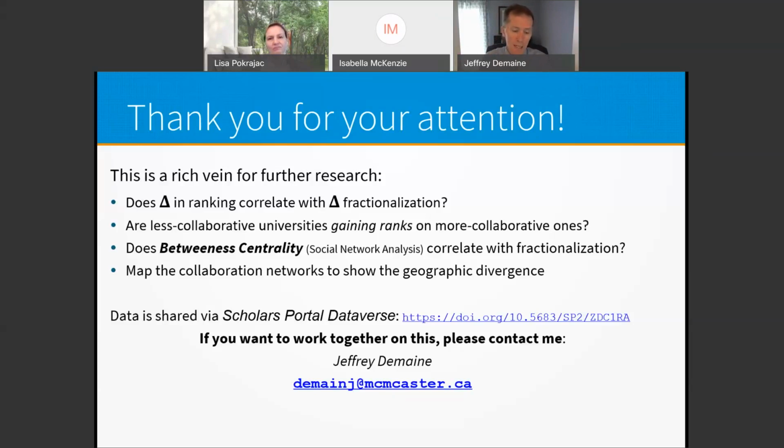Sure. So there's also an area of research, somewhat separate from fractionalization, trying to understand who's first author, who's last author, because that means something in certain research fields. Certainly in the biomedical field, being the first author means it's your baby, it's your idea.